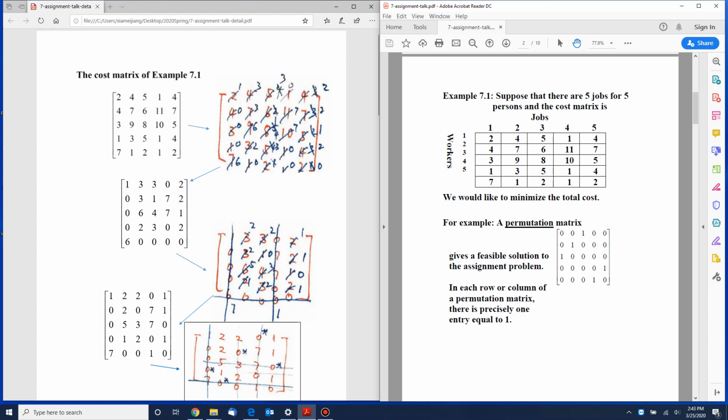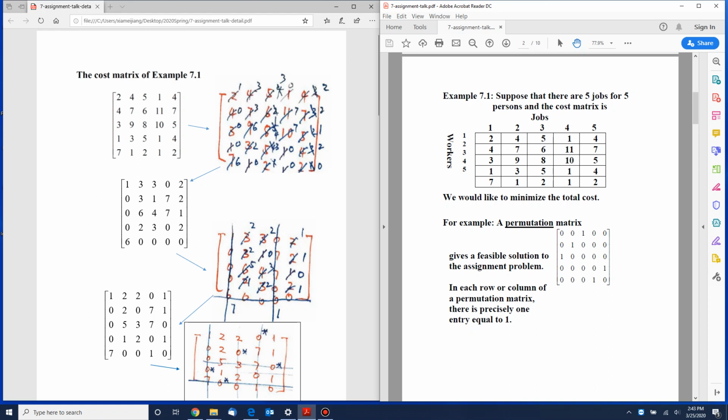For example, the first person asked 1 for job 4, so you choose that one. The second person chooses job 1. That's the cheapest.